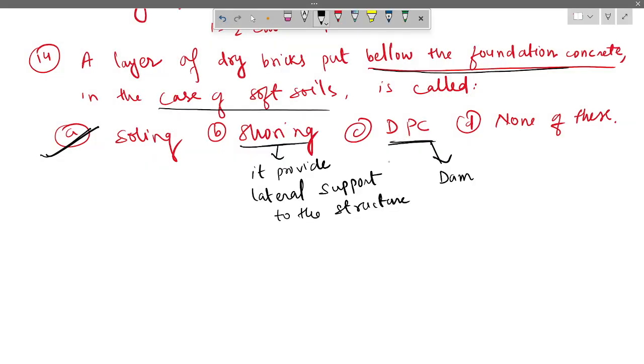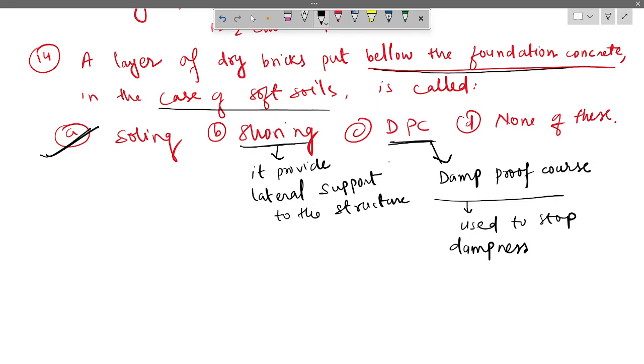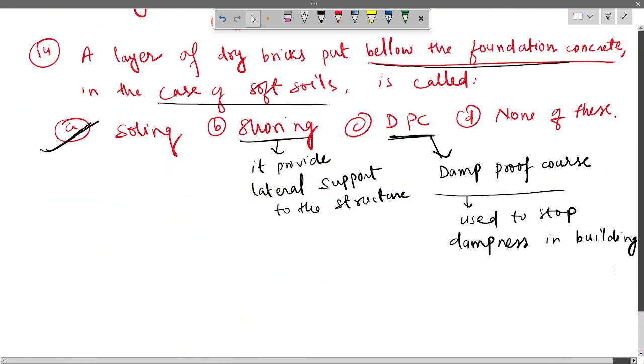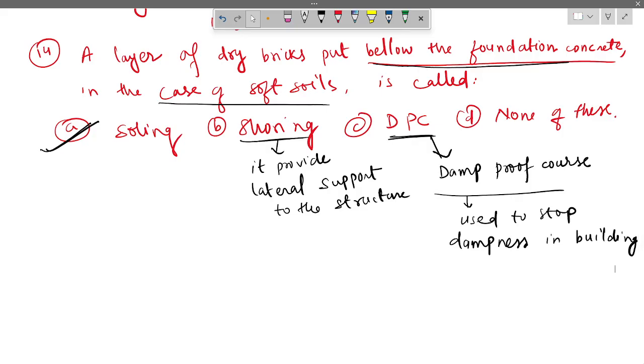DPC is a horizontal barrier in a wall designed to resist moisture rising through the structure by capillary action, a phenomenon known as rising damp. It is used to stop dampness in buildings. So note it down. We will stop here.